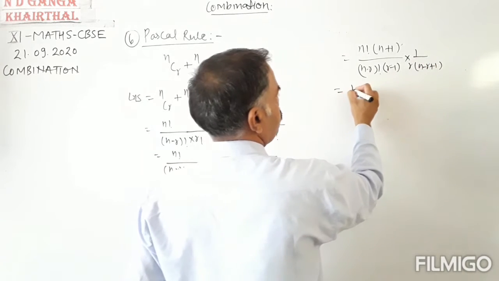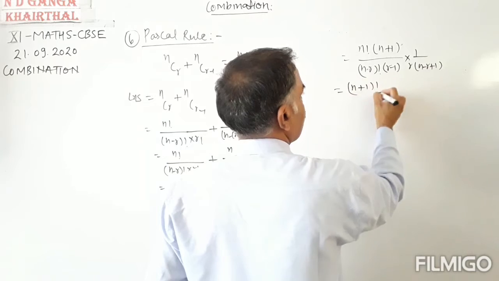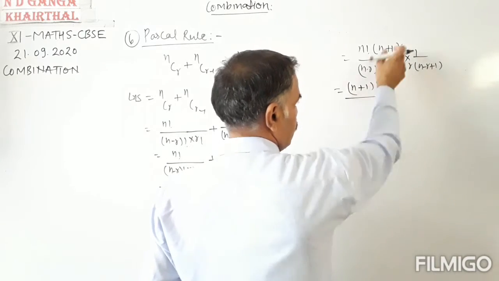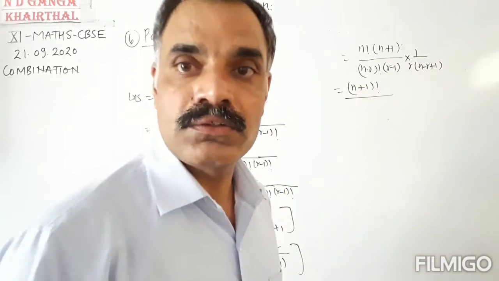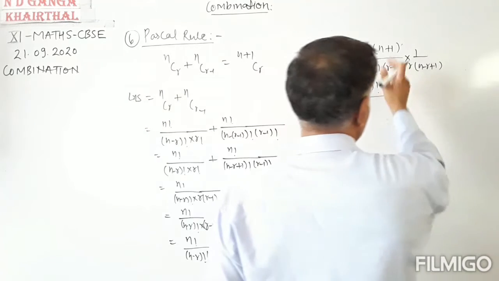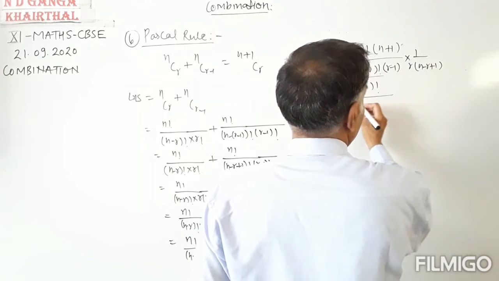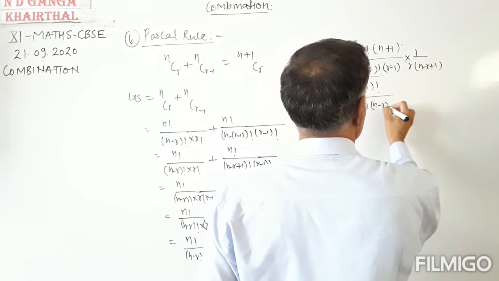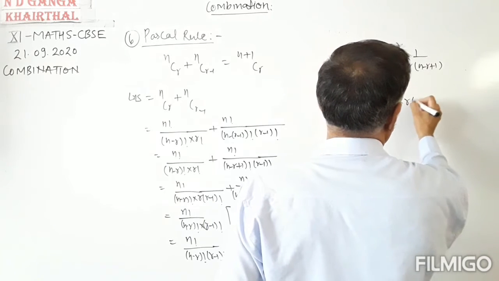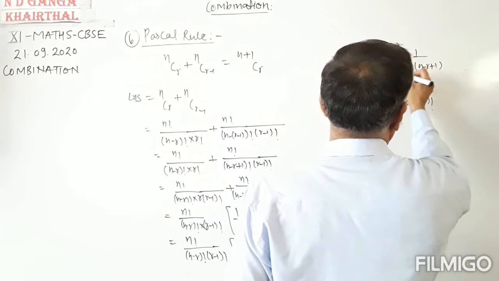So this equals n plus 1 factorial, since n plus 1 into n factorial equals n plus 1 factorial. So n plus 1 factorial upon n minus r plus 1 into n minus r factorial and r into r minus 1 factorial.